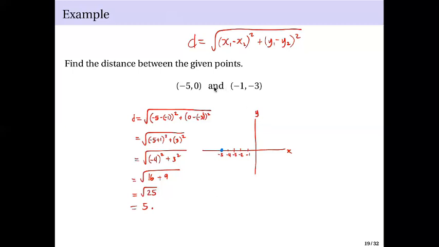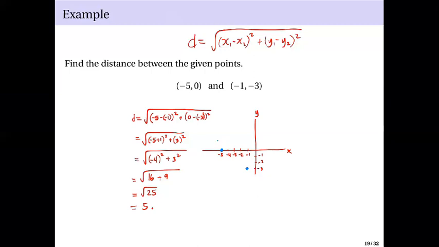And then for the other point, (-1, -3). This is your negative 1 for the x-axis. For the y-axis, you have here negative 1, negative 2, negative 3. So negative 1 on the x, and then negative 3 on the y. This is your point here.